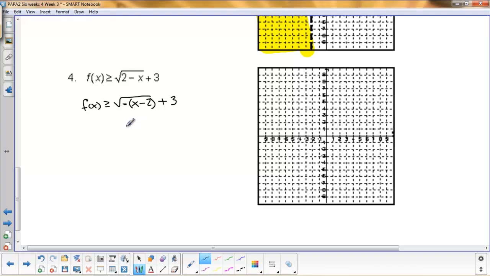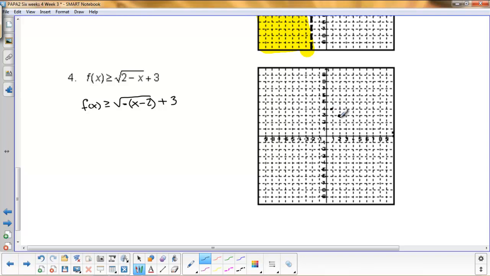And my 3 transformations are right 2, up 3, reflect horizontally. So I'm going to go ahead and move right 2, up 3, and reflect this rather than going to the right, back to the left again.